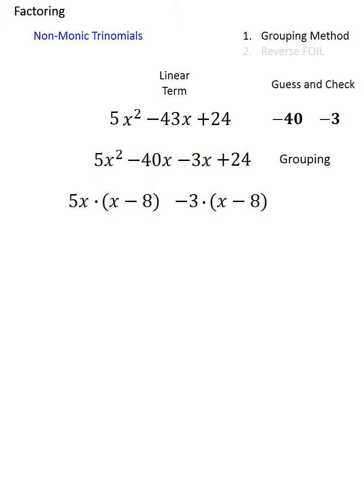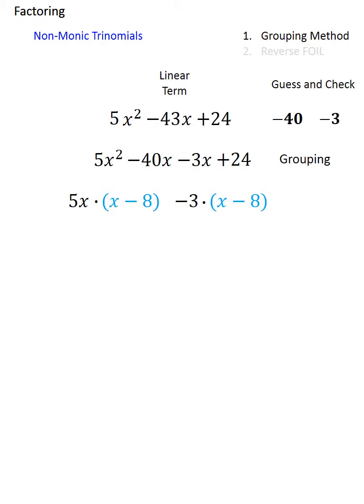Okay, continuing with the grouping, you may recall, hopefully from a prior video, that when you're doing factoring by grouping, these two will match. Well, if they don't match, then the problem isn't factorable. But chances are you've been given problems that are factorable.